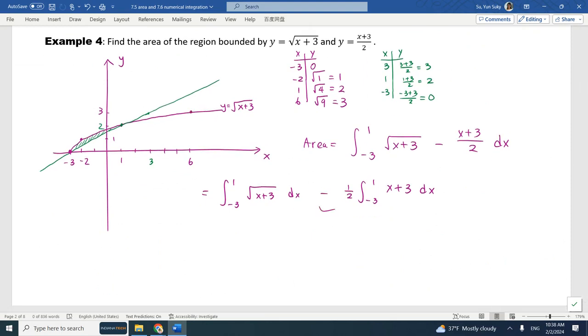Okay, so this part is -1/2 times the integral of x plus 3. What is the integral of x? x squared over 2. And the integral of 3 is 3x. We evaluate from -3 to 1.